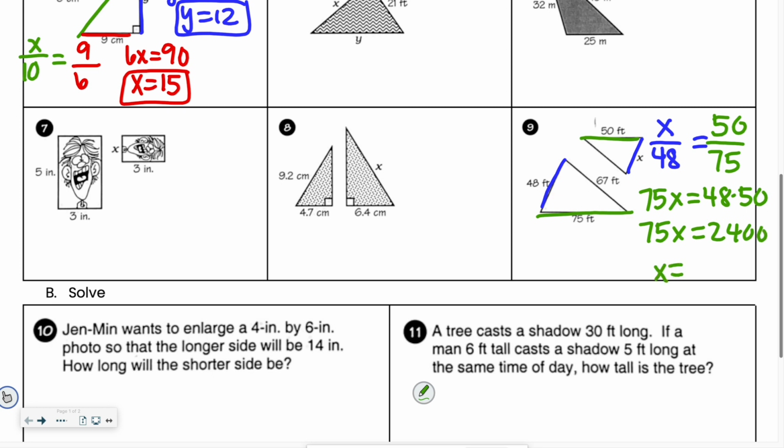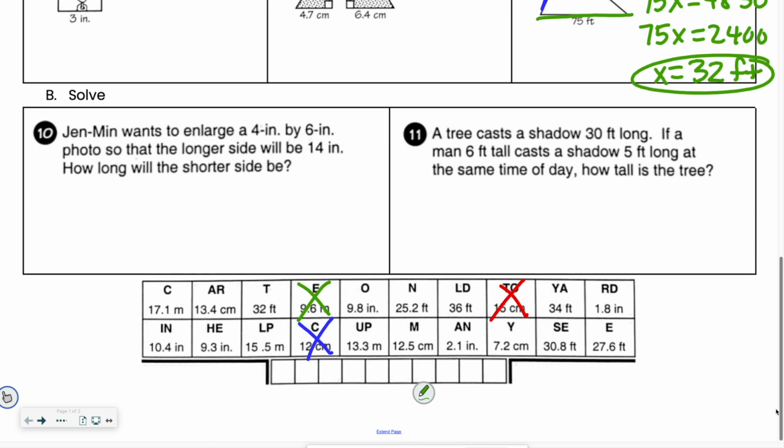Divide out, x equals 32. They're on the bottom somewhere. 32. Perfect. All right. Okay, the other ones should be pretty self-explanatory. Nothing crazy there.